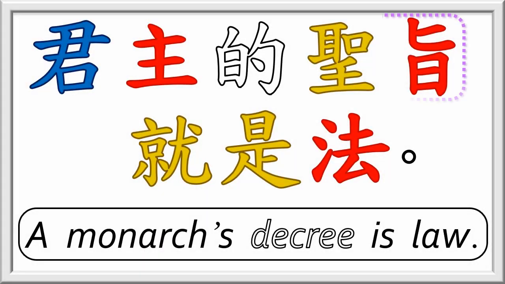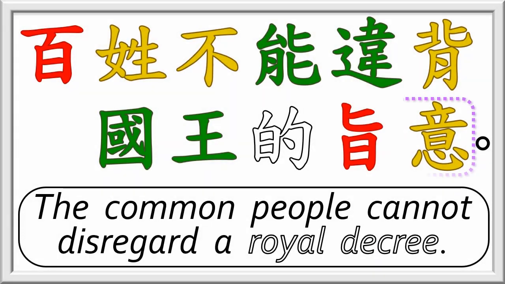圣旨 and 旨意 both can mean an order, imperial decree, or the will of God. 君主的圣旨就是法。A monarch's decree is the law. 百姓不能违背国王的旨意。The common people cannot disregard a royal decree.